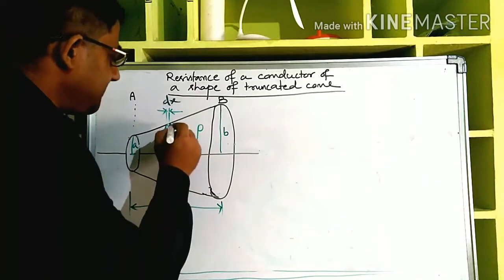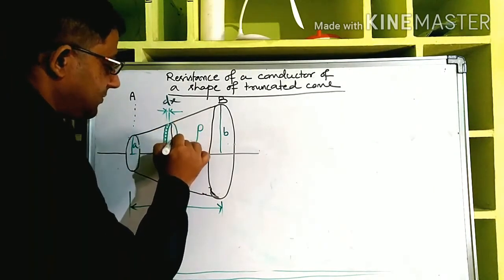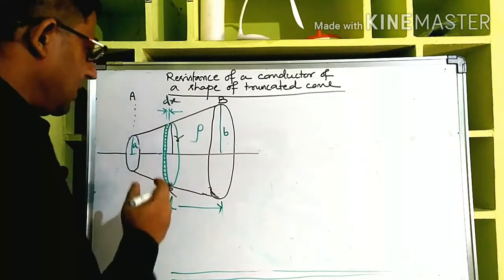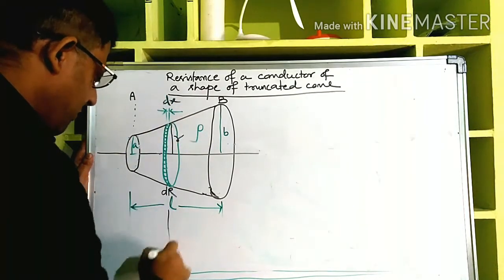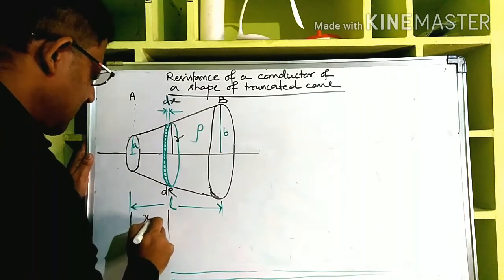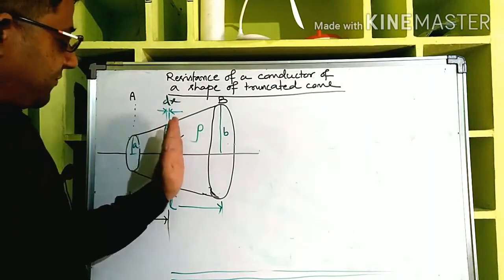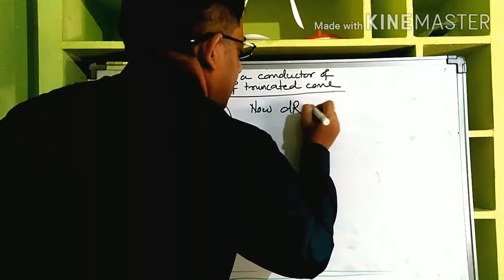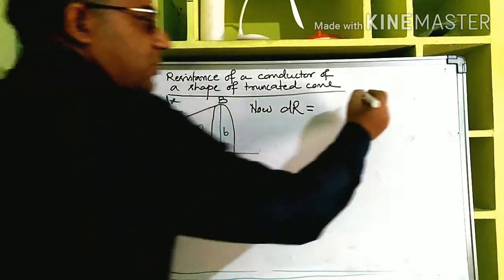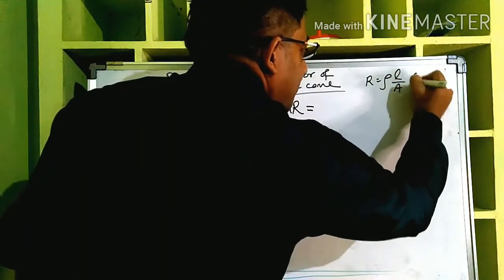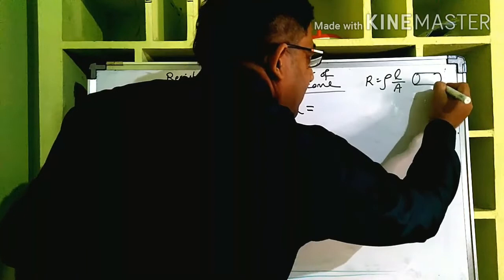Now let us say the radius at that particular point, which we have chosen at a distance of x from the surface of radius a, is r. We know the formula that the resistance is equal to rho L by A. This is for a cylindrical conductor, right?